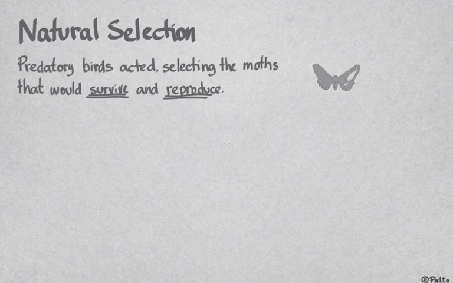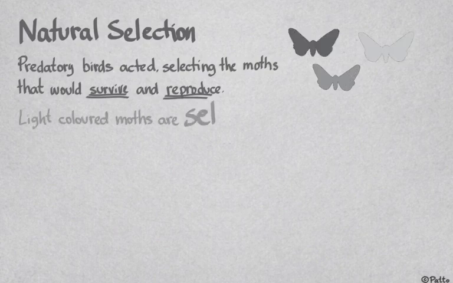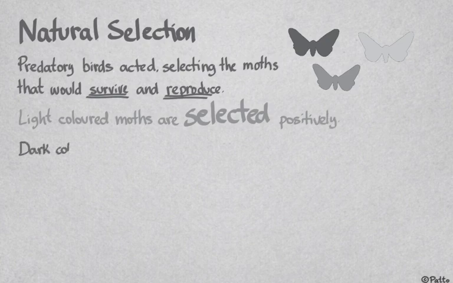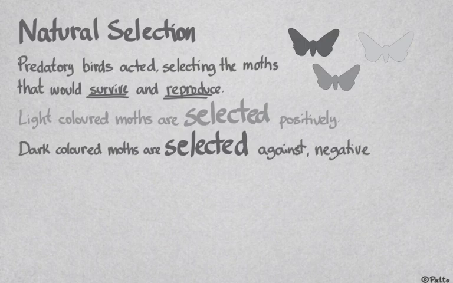So we had there different colors of moths, as we put over there. Light ones are selected positively, so they are favored, while the dark ones were selected negatively. Don't just say they are selected, but say selected positively or selected negatively, selected in favor, selected against.